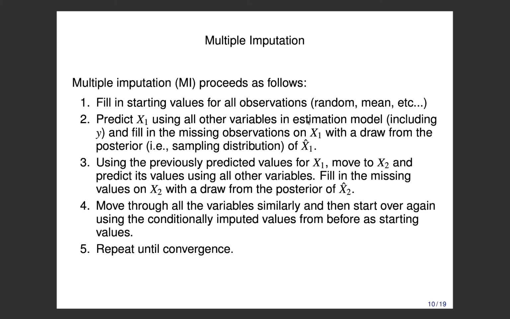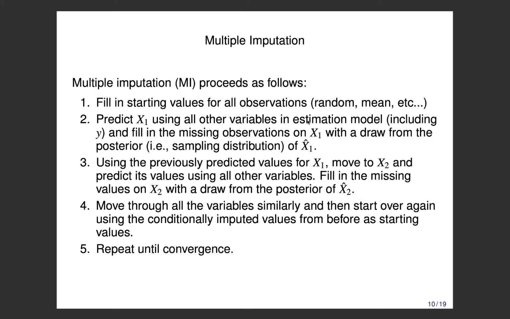In each one, the data that we originally observed will be exactly the same, but the imputations will be different because the process of imputing is a stochastic one. We're taking draws from either a distribution or some set of candidate values from other observations. So we end up with at least 2, but usually somewhere between 5 and 10, and we might be better off with somewhere between 50 or 100 imputed data sets.